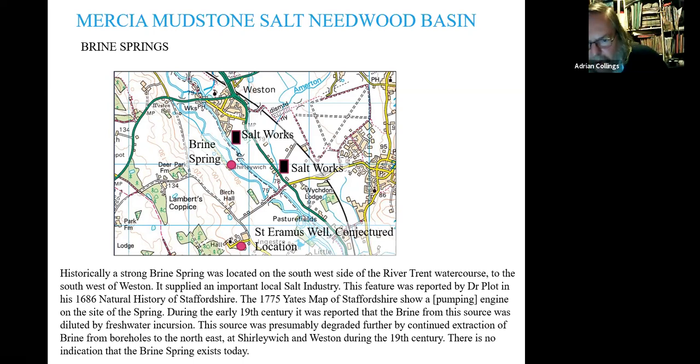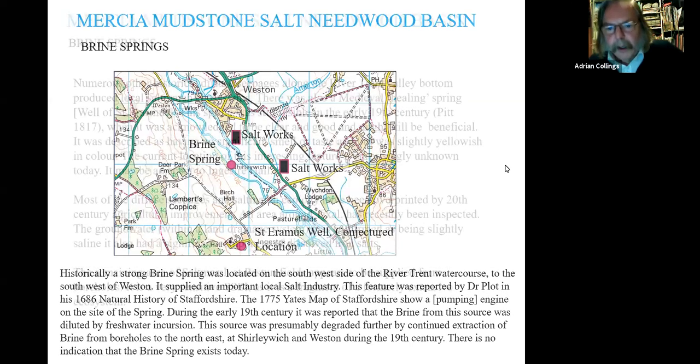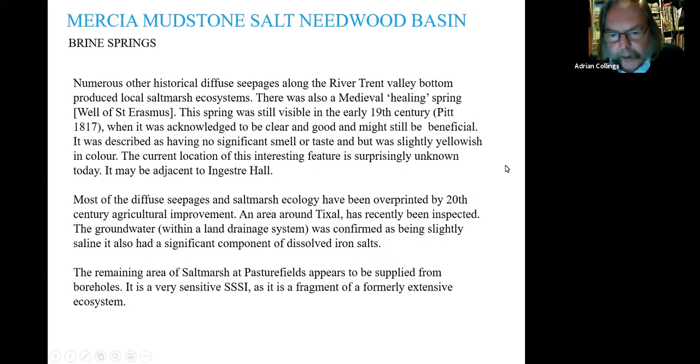And on this plan, I just show the location or conjectured location of the St. Erasmus well, which I shall talk about in a minute. Other diffuse historical seepages along the River Trent Valley bottom produce local salt marsh ecosystems. There's also a medieval healing spring, the Well of St. Erasmus.